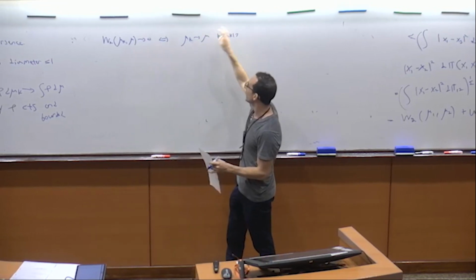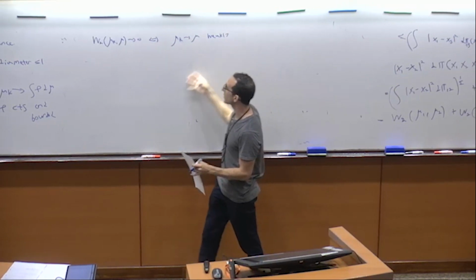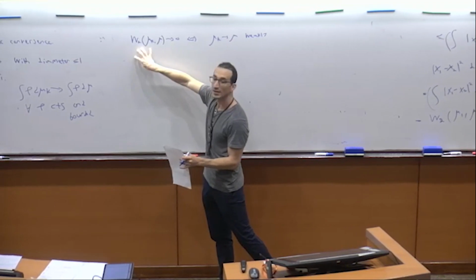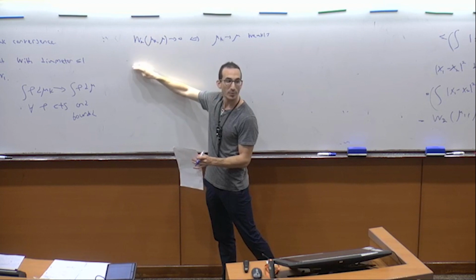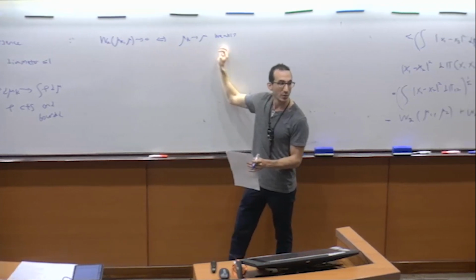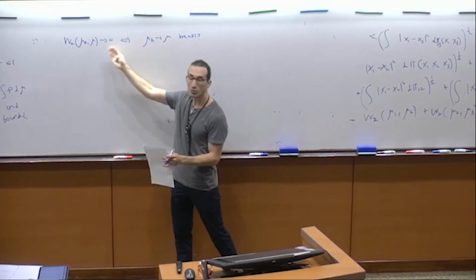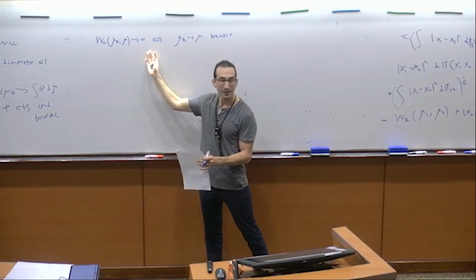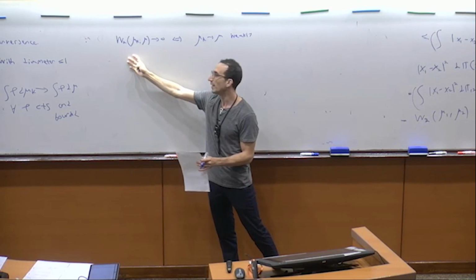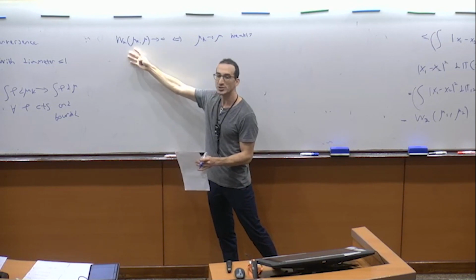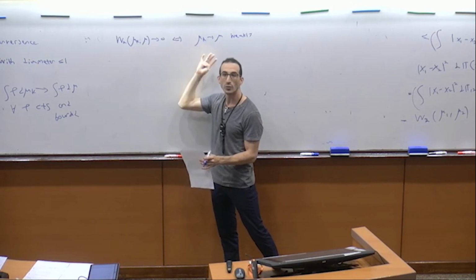In other words, the topology which comes from weak convergence is the same as the topology coming from this metric. Now, there are many metrics on the spaces of probability measures that would metrize weak convergence, meaning for which you will have this type of equivalence. Of course, we care about optimal transport, that's why we're focusing on this one. But the point is that it's a good metric because it's compatible with weak convergence.